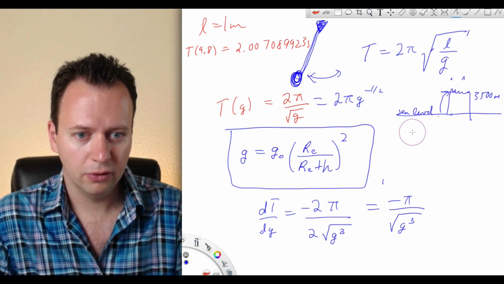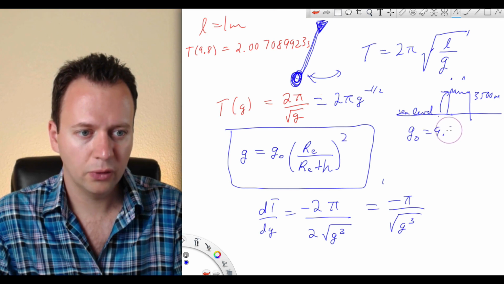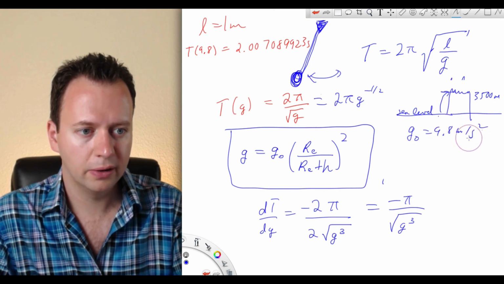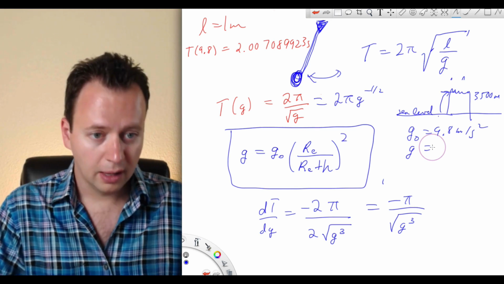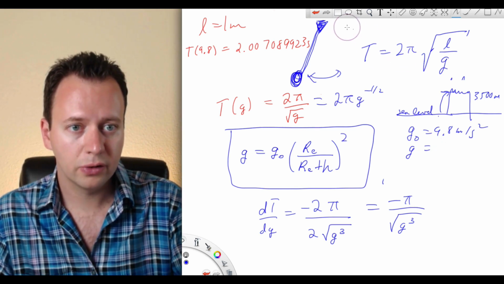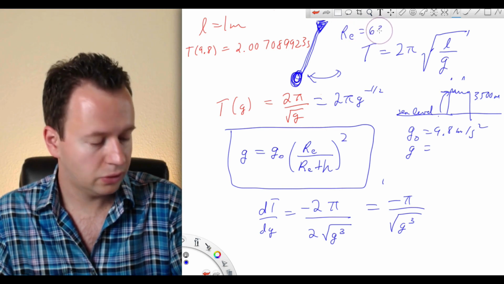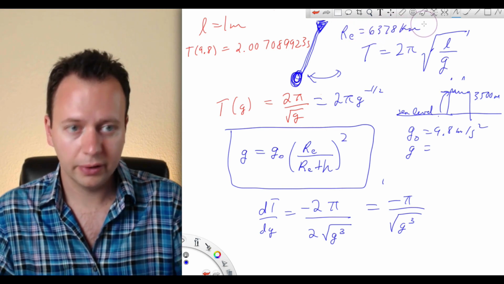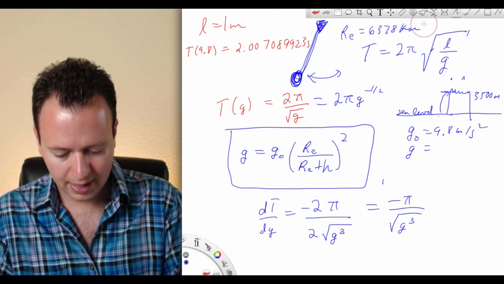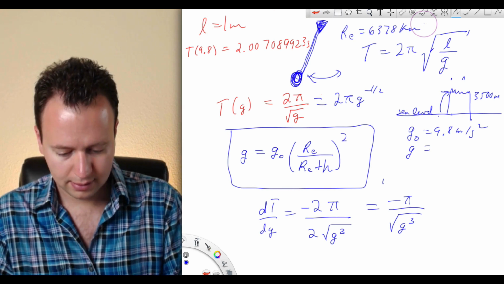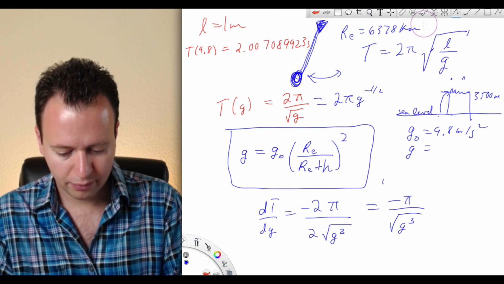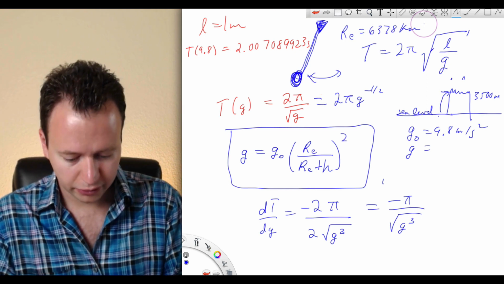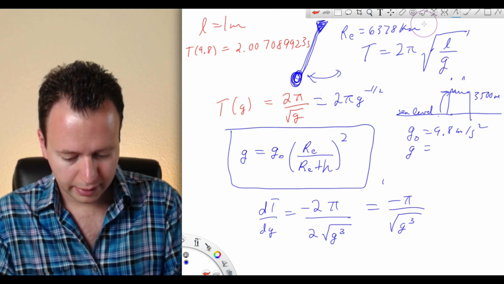So at sea level, g is 9.8 meters per second squared, and then g at an altitude of 3,500 meters, using the fact that the radius of the Earth is 6,378 kilometers, is 9.8 times 6,378 divided by 6,378 plus 3.5 kilometers, all squared.